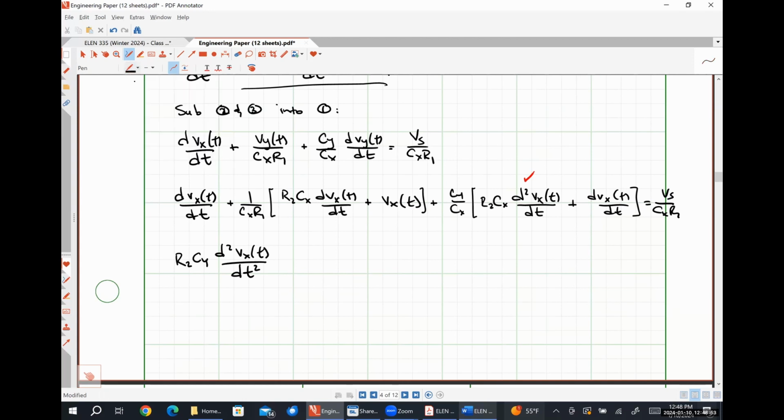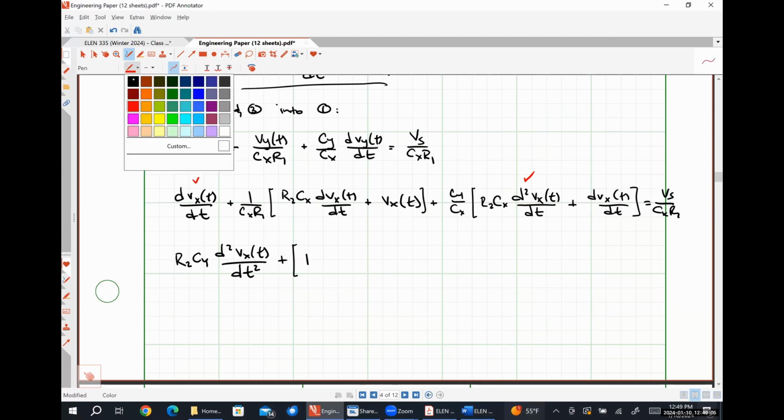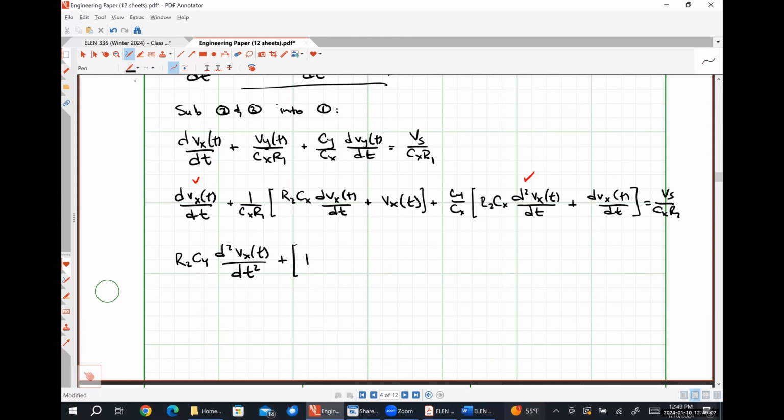Now I'm going to have my first derivative terms. Over here on the left-hand side, I have just 1 from this guy. Then I'm going to have R2 over R1 from this guy.